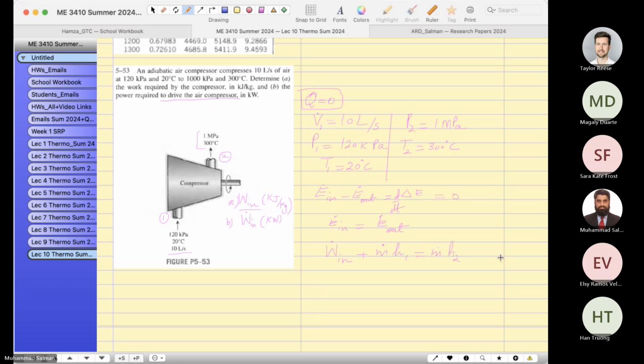This is the first law or energy balance, and we have to find out W dot in or W in.